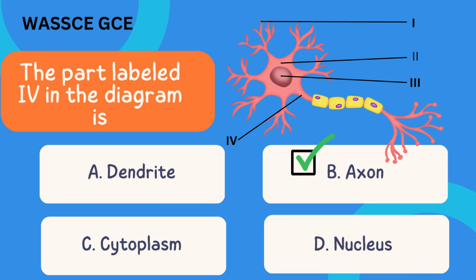Option A is wrong because dendrite is labeled Roman figure 1 in the diagram. Option C is wrong because cytoplasm is labeled Roman figure 2. And option D is also wrong because the nucleus is labeled Roman figure 3.